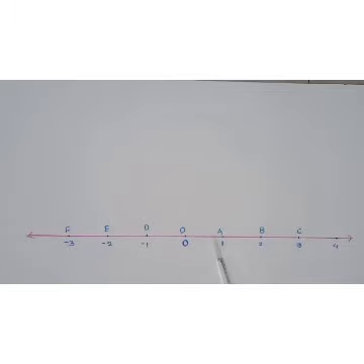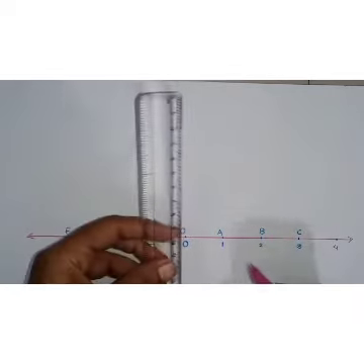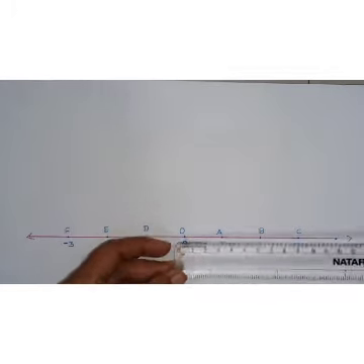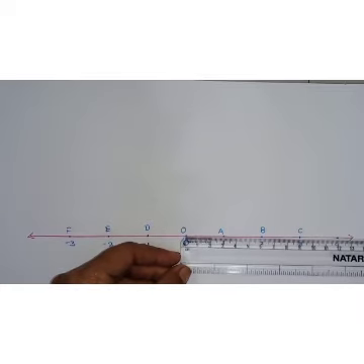Now we have to draw a perpendicular at point A whose length is equal to OA.